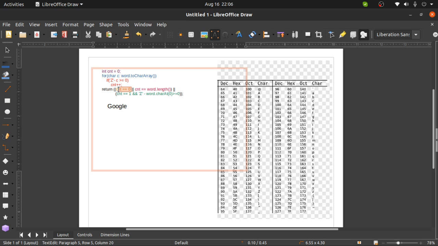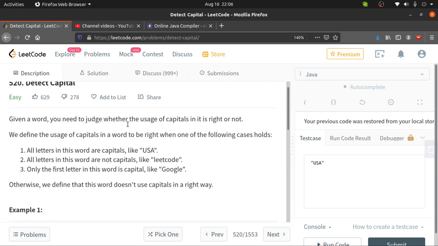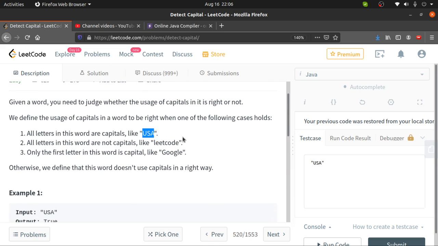So every time I see an uppercase letter, I increment my counter. If my counter is 0, that means there is no uppercase, they're all lowercase. Or I have two conditions here. So what is the question saying again? It's either all uppercase, or all lowercase, or only the first letter is uppercase, right?